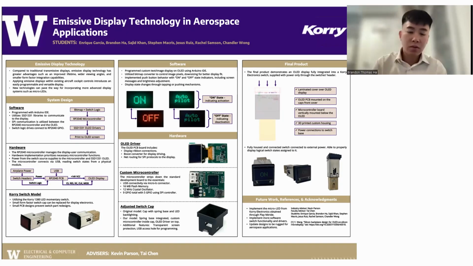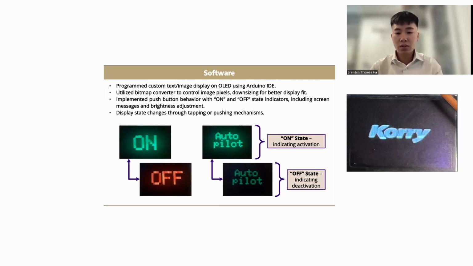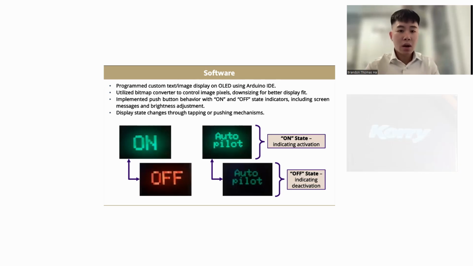I can continue on the software. So using the SSD1331 driver, as Jesus mentioned, we were able to put a bitmap into that driver, which was able to print out images such as the Korry logo, as seen in our demo video shown later in this video. We will also use the SSD1331 driver to display other text in color as well as different brightness, as seen in the images in this software box right here.